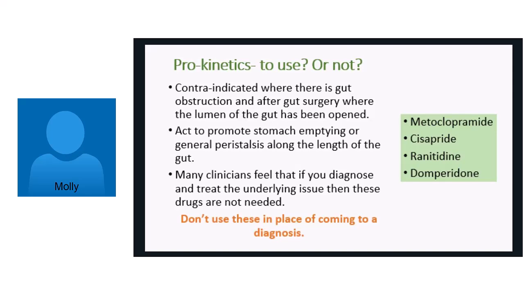Yet in the UK, and increasingly, I believe, over towards Australia, we are more likely to use prokinetics. Certainly in the UK, this is a cornerstone of our treatment. But who's to say who is right and who is wrong? I think it's very important to say that with prokinetics, we should not use these in place of coming to a diagnosis.